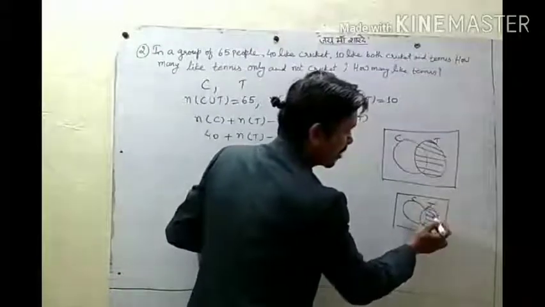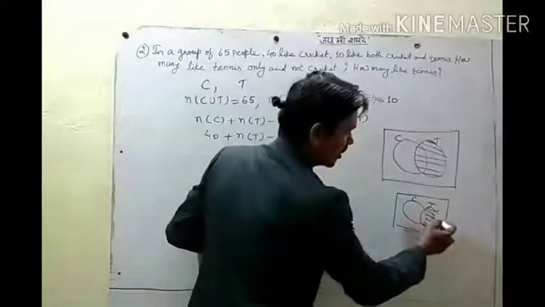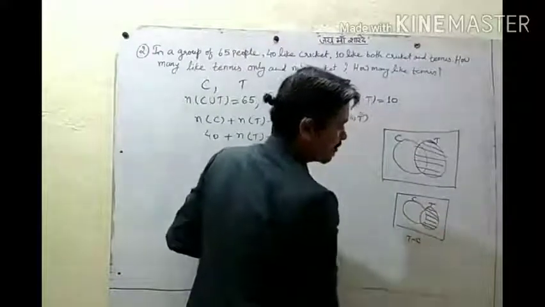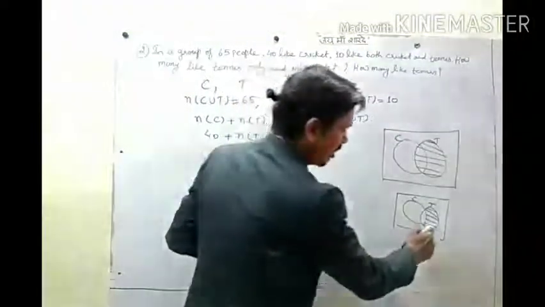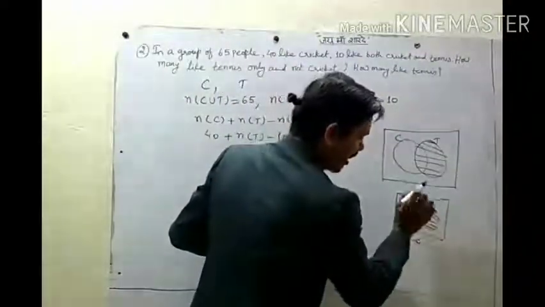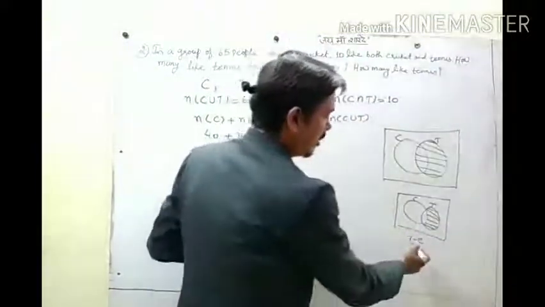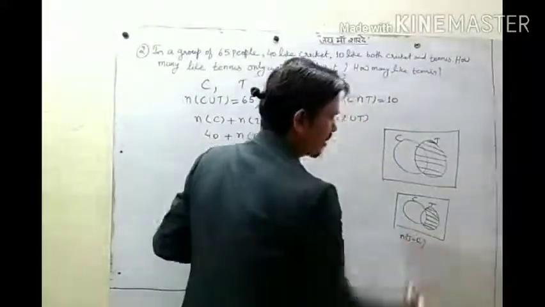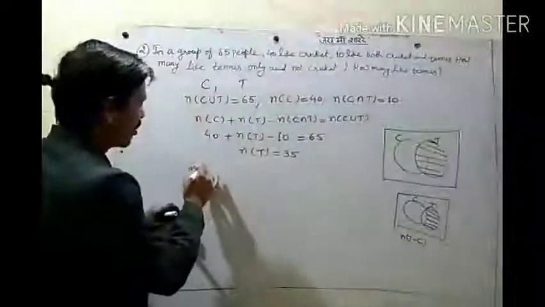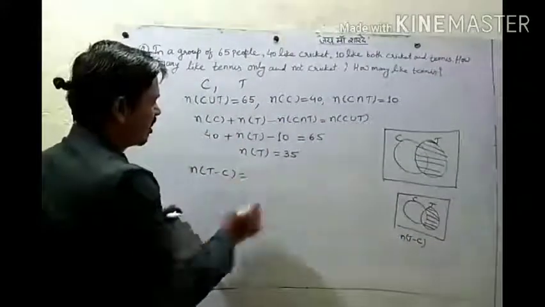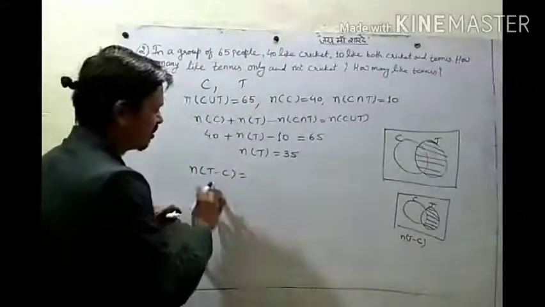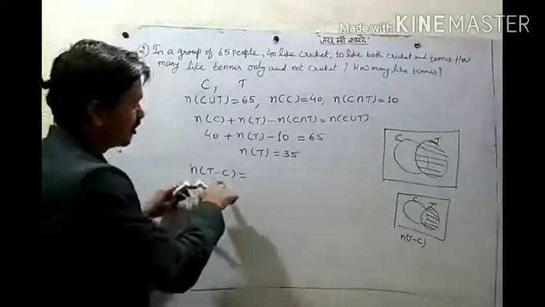What can you say about this? It's part of only T, not of C. We can say it is T minus C, the difference of T and C. Elements that belong to T but not in C. So now we need the number of elements in T minus C. How many like only tennis? So T minus C, this is the formula for this.